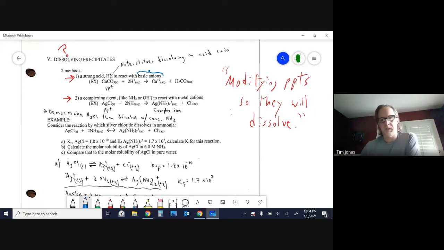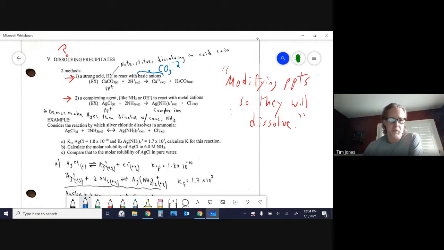We'll be doing that next unit. What this means is certain ions, when they're in water, ignoring all other ions, will make it slightly basic. And an example of that is carbonate. Carbonate by itself in water will make water slightly basic.